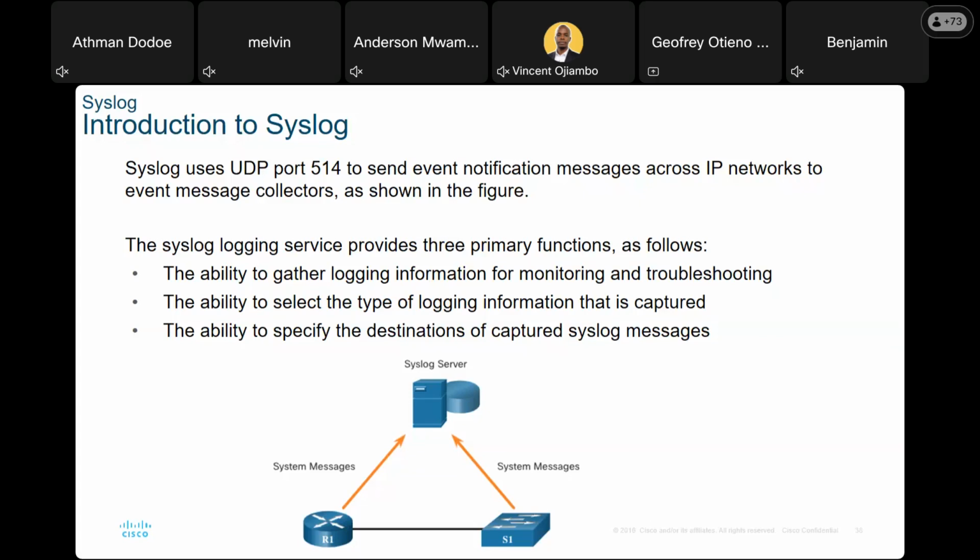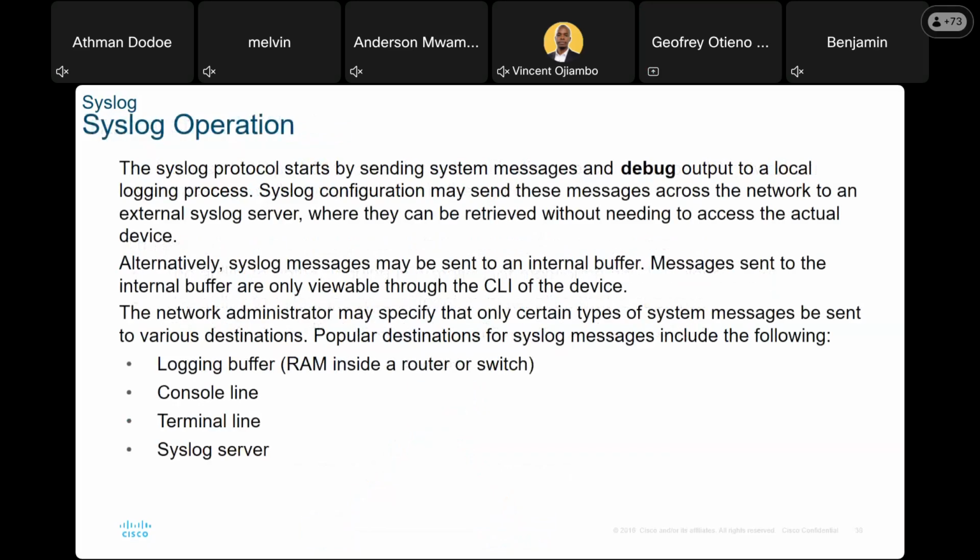All these can be specified within the system, so that at least you know which action to take immediately in case you receive a certain type of logs on your side. So that's the most important bit that we need to understand.